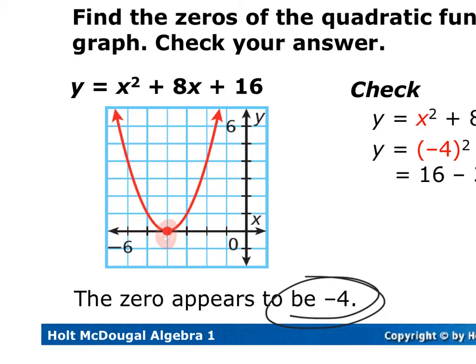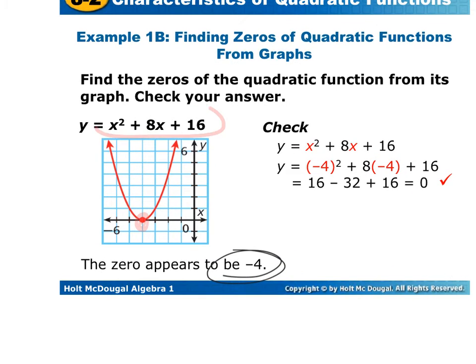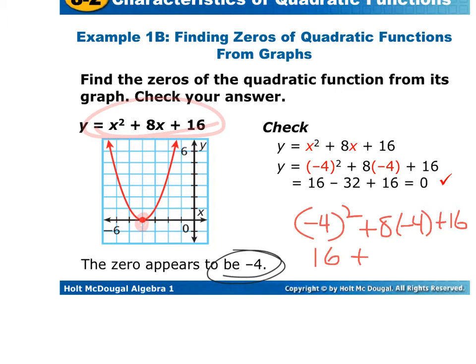And again, you can do the check. You'll replace 4 into the equation that's given, or -4, and you'll follow order of operations. So -4 squared plus 8 times -4 plus 16. So -4 squared is 16. Positive 8 times -4 is -32. And then you'll add all this up, and it does give you 0, so it checked.